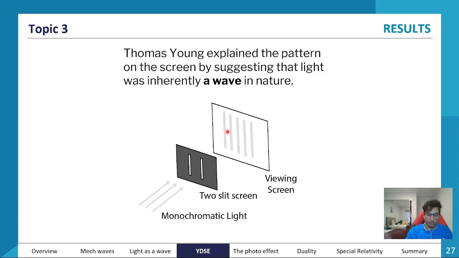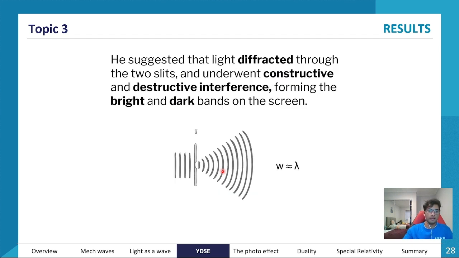So this sort of phenomenon was explained by light being a wave. Essentially, you have light traveling through the gap, and this light is diffracting.